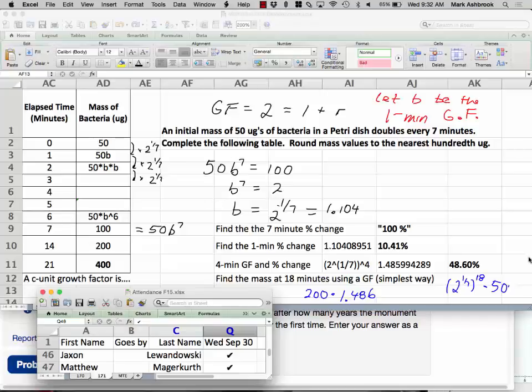Okay, so how about using the 4-minute growth factor to find the mass at 15 minutes? Can you use it with what else you've got up there? Use this 1.486 to get the mass at 15 minutes. It's a little puzzle.